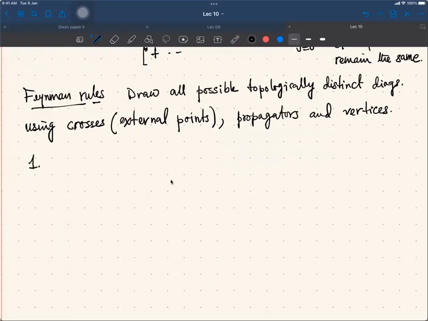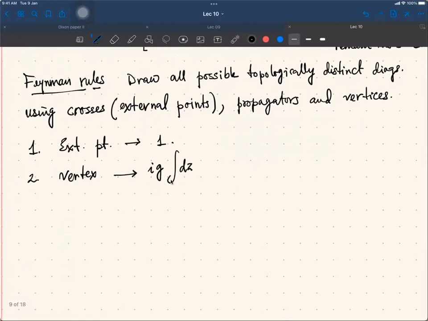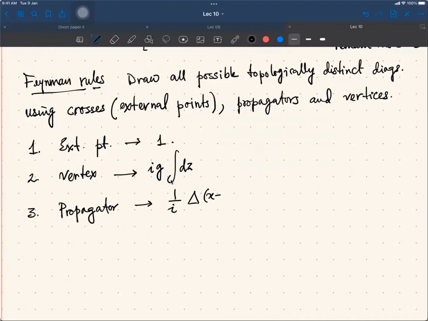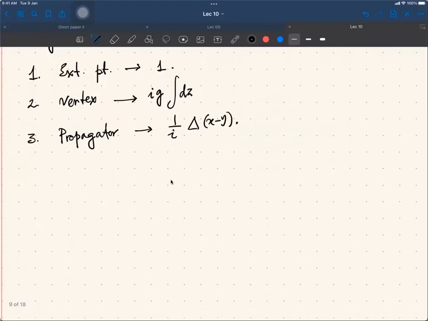Then for each external point, write a factor of 1. For each vertex, write i times g times an integral over the location of the vertex. Number 3 is the propagator. For each propagator, write 1 over i delta(x minus y).